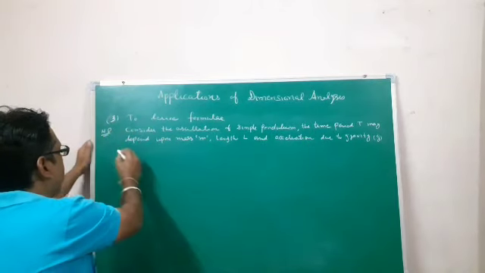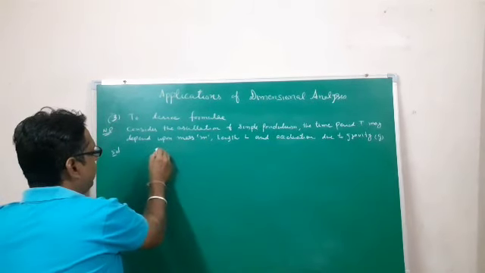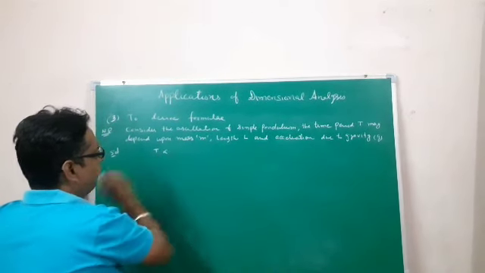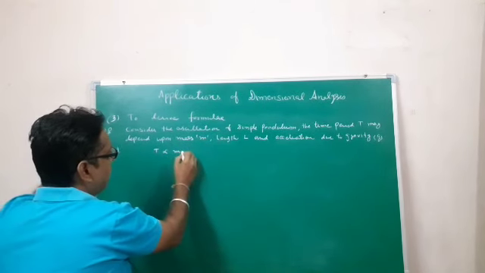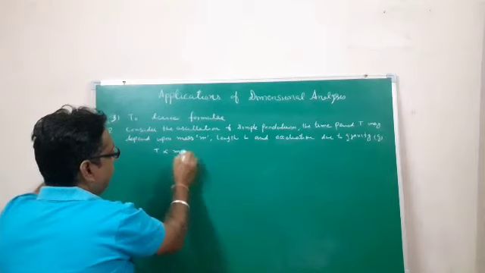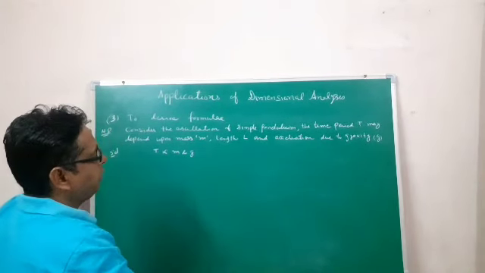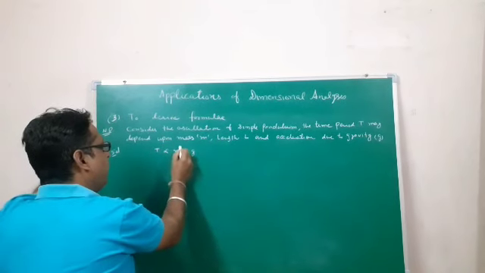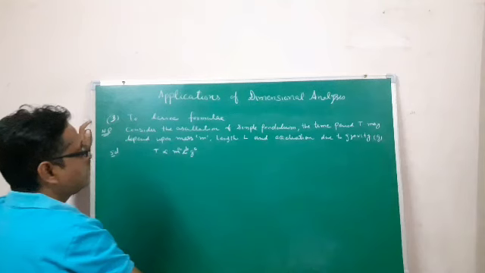So its solution: time period depends, proportional, depends upon what? Mass and length, and G, acceleration due to gravity. So here we will just raise the powers.